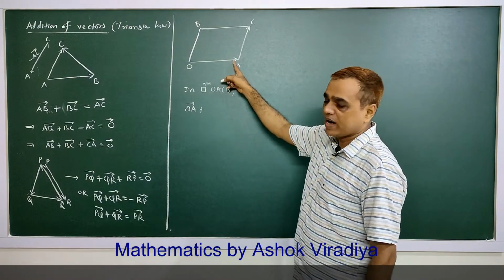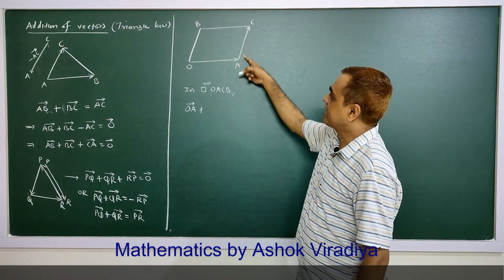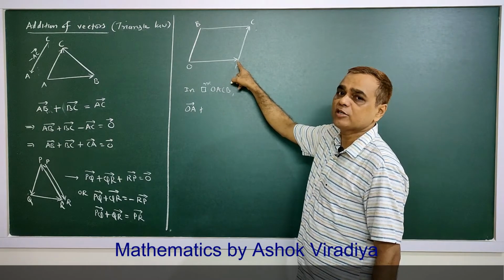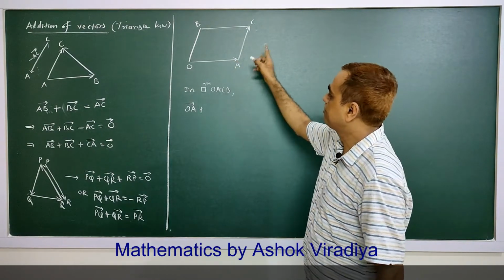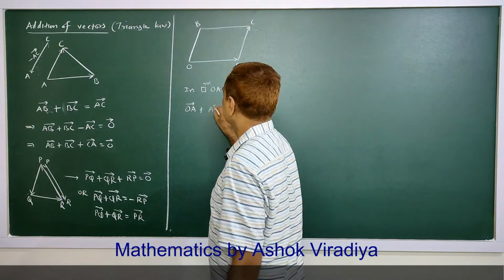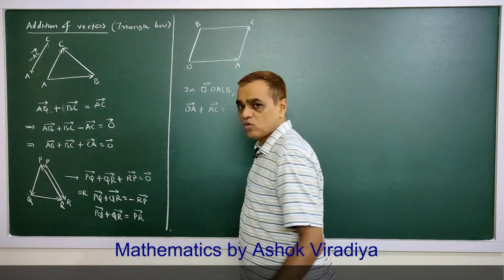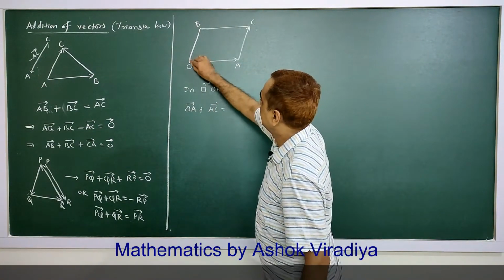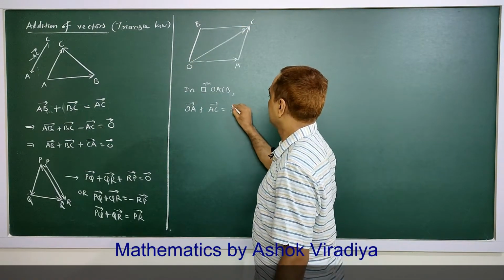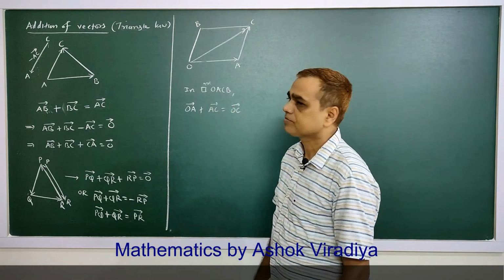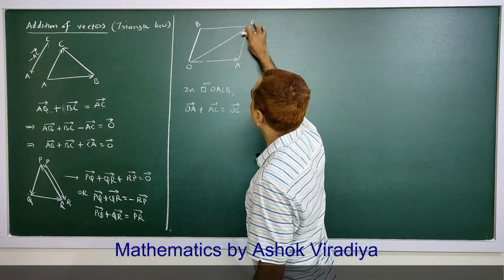Terminal point of first vector and initial point of second vector, keep them in contact with each other. To add them, OA plus AC is equal to, by triangle law, OC. This vector is vector OC.